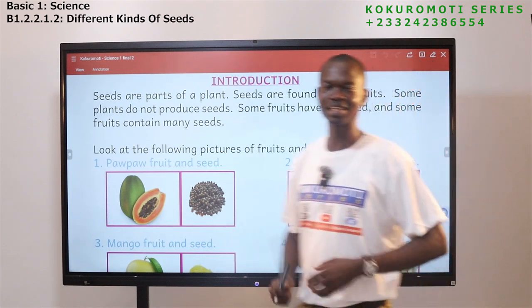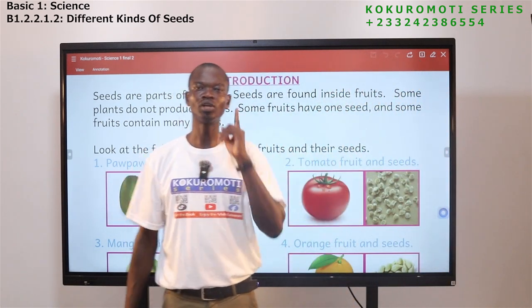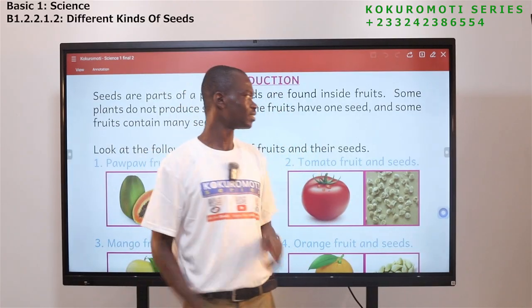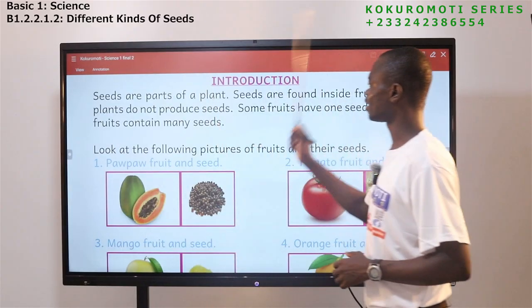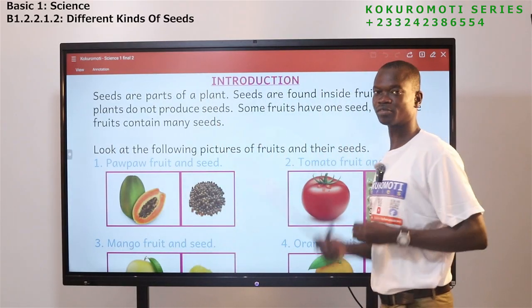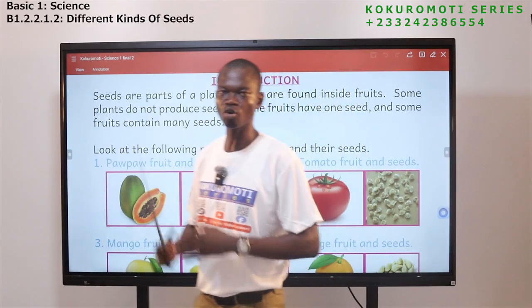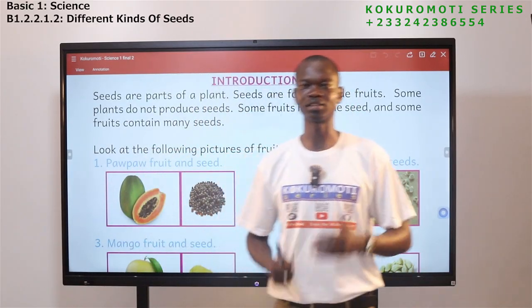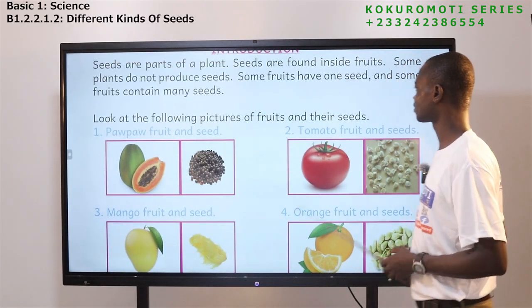When you open the fruit, you only find one seed. And then some fruits contain many seeds. When you open it, you see two or more seeds. There are many seeds.